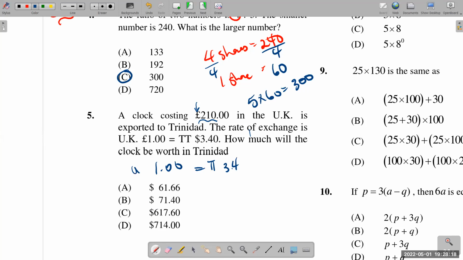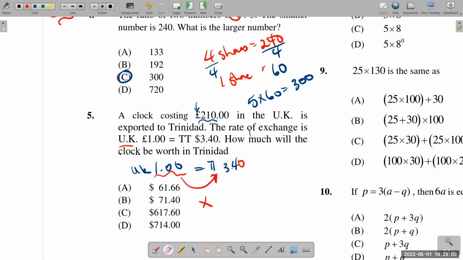Hey, only one person responded. Let's go. How do we move from UK money to TT money? Do we multiply or divide? It's got to be multiply. How do we know? You're moving from a 1 to a 3.40, the actual digits going up. So to move from here to here is multiply. So obviously to move from TT to UK is going to be the opposite, which is divide. Always establish that, please. Everybody with me?